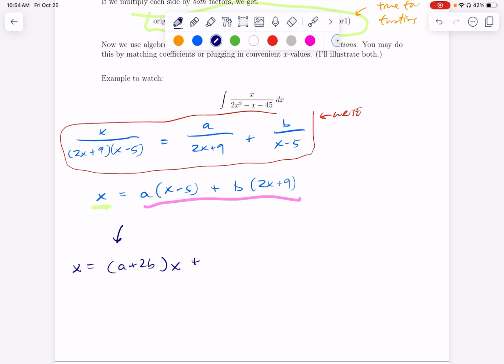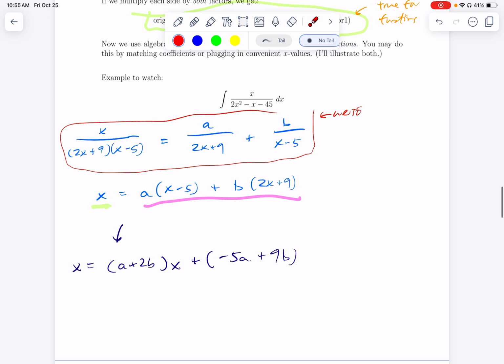And then my constant would be negative 5A plus 9B. So I have a linear function where the coefficient in front of x is A plus 2B, and the constant is minus 5A plus 9B.